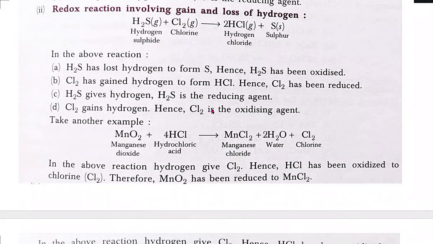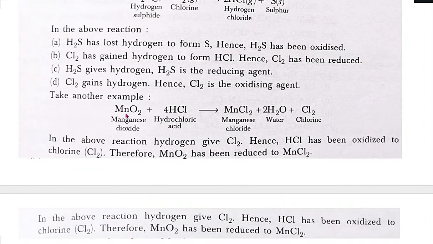There are two examples. The first one you try to understand and the second one I am going to explain. MnO2, which is manganese dioxide, when it reacts with hydrochloric acid, forms manganese chloride, water and chlorine.